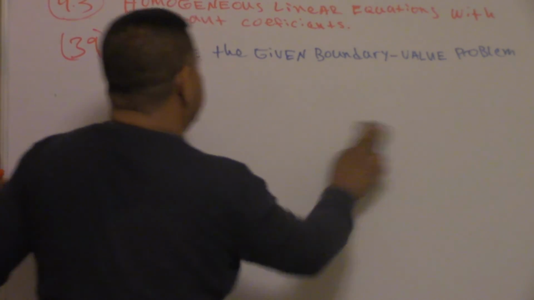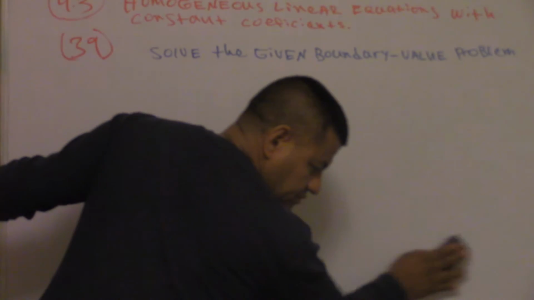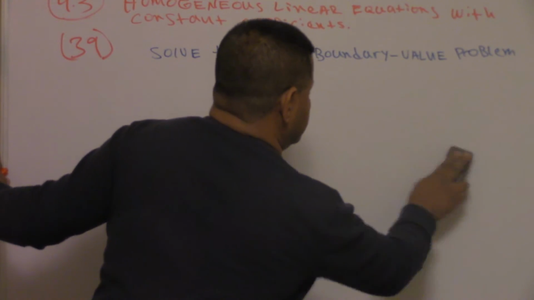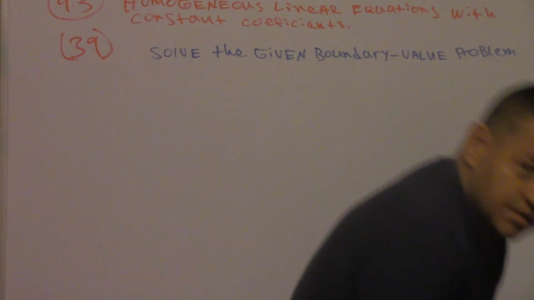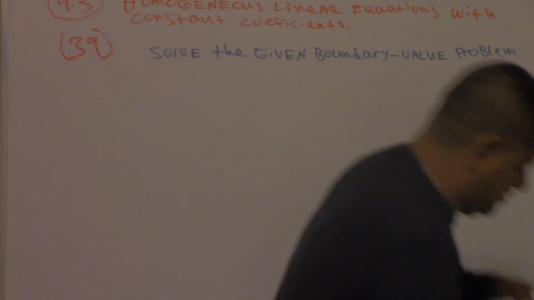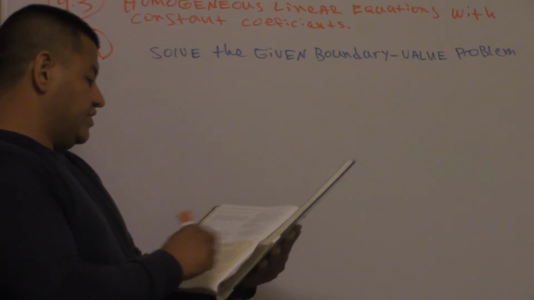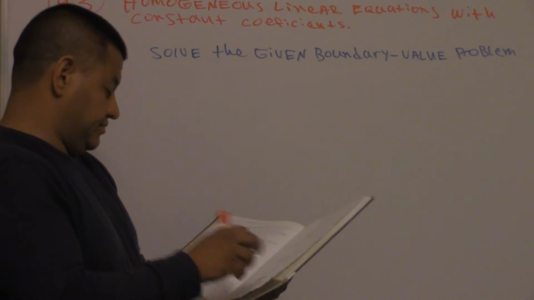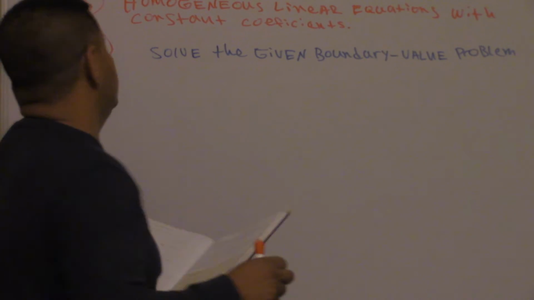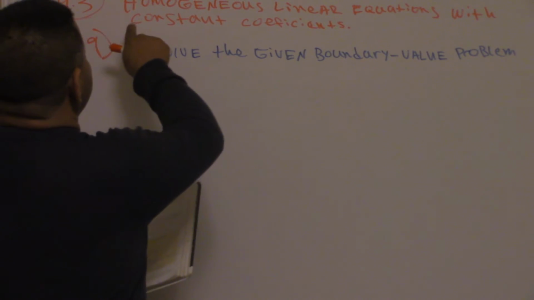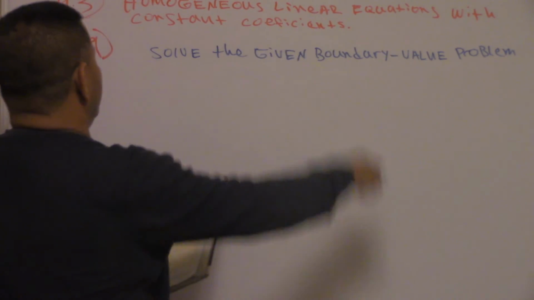Number 39 in the same book. So we'll do the same thing. 4.3, homogeneous linear equation with constant coefficients.